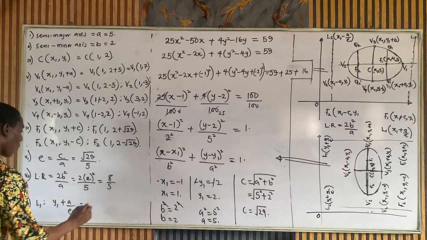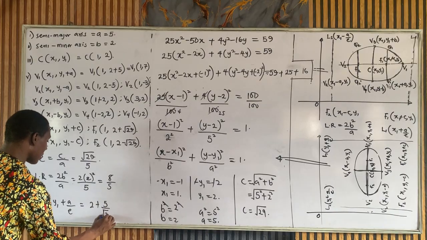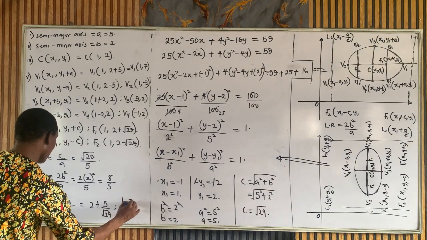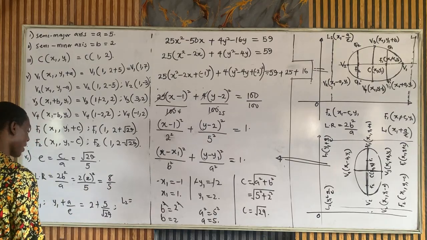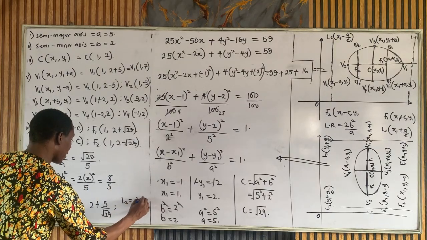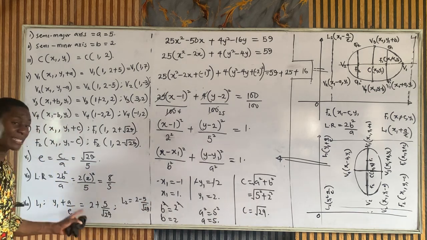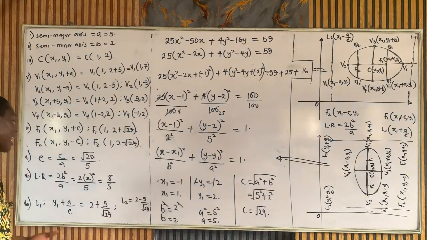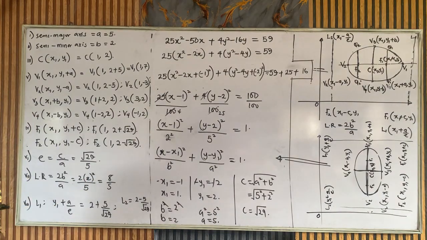In this case, our y1 is 2 plus our a, 5, over root 29. You can sum this up or simplify it. And then you can get our L2. Our L2 in this case will be y1 again, but minus a over e. So our L2, which is the directrix, is giving us 2 minus 5 over root 29. Sometimes it's giving us x is equal to this and x is equal to this, so take note of that. So that's that about this ellipse, and that's what we want to consider under ellipse. Thank you and God bless you.